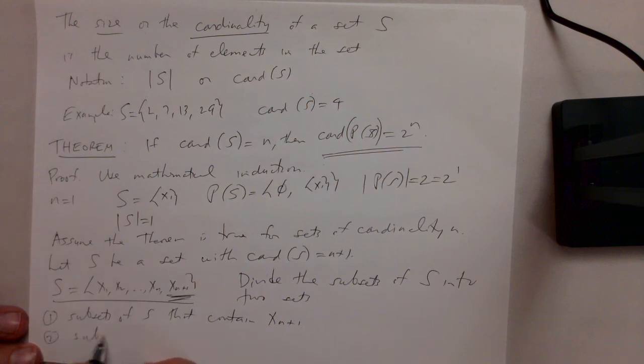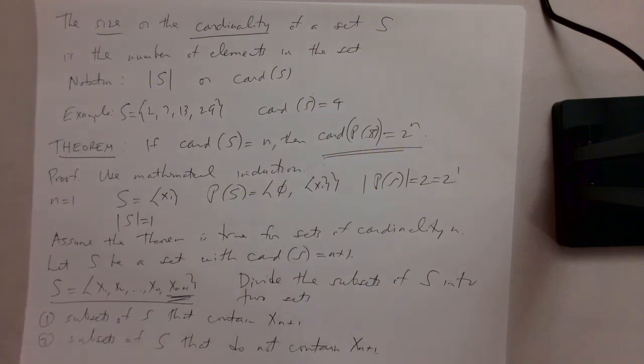And we have subsets of S that do not contain xn plus 1. Let's count the number of these. It's easier to count the second group.